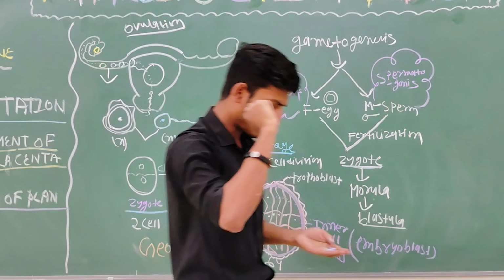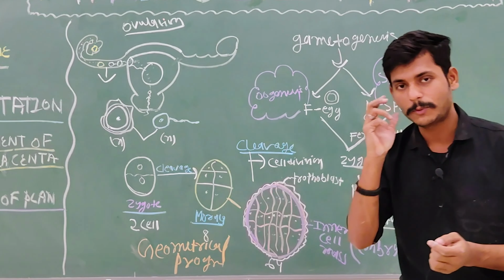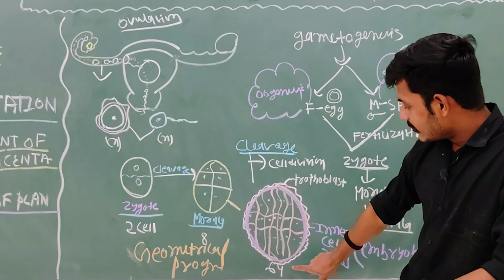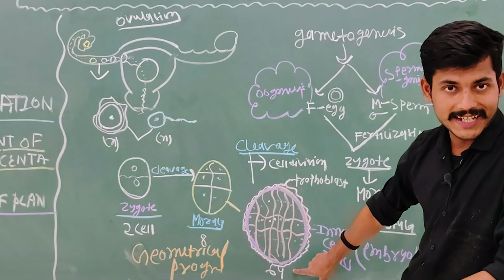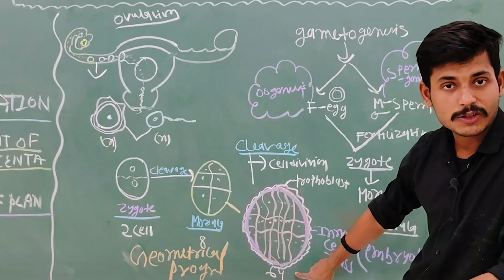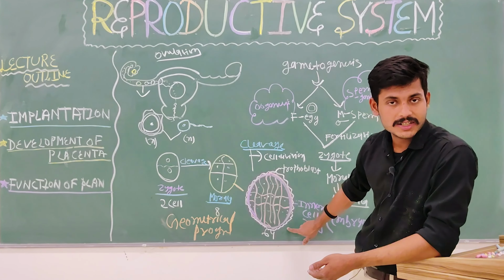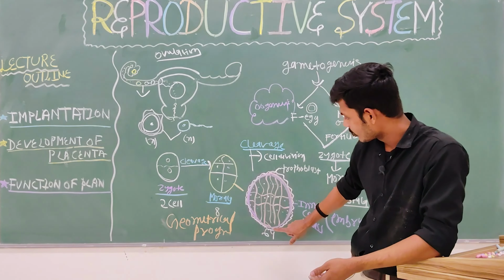Fine. Now, the one thing you have to keep in mind is that the 64-cell stage is called the blastocyst, or the blastula.